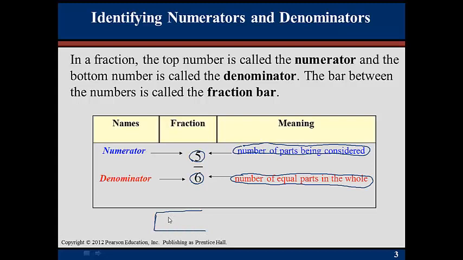So I'm going to divide this rectangle into 6 equal parts. So 1, 2, 3, 4, 5, 6. And this figure would represent 5 sixths.